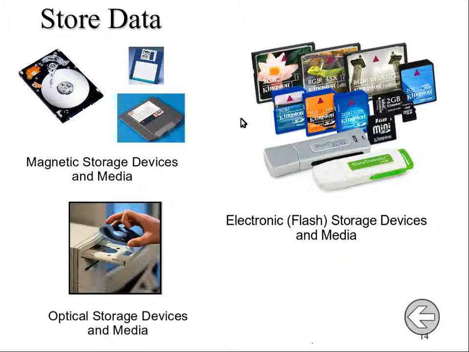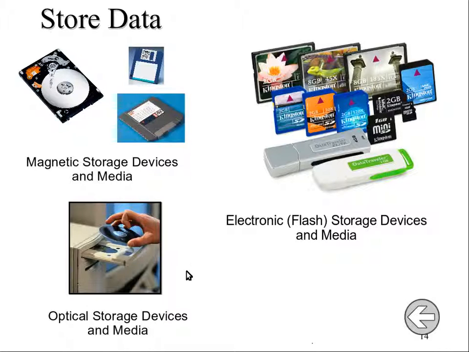Storing data means that we put the data into something which we can then get it back from. For example, a magnetic storage device, such as a hard drive, or a floppy drive, for example. Floppy drives are obsolete, but it is an example of a magnetic storage device because we can both write data to these devices and retrieve it.